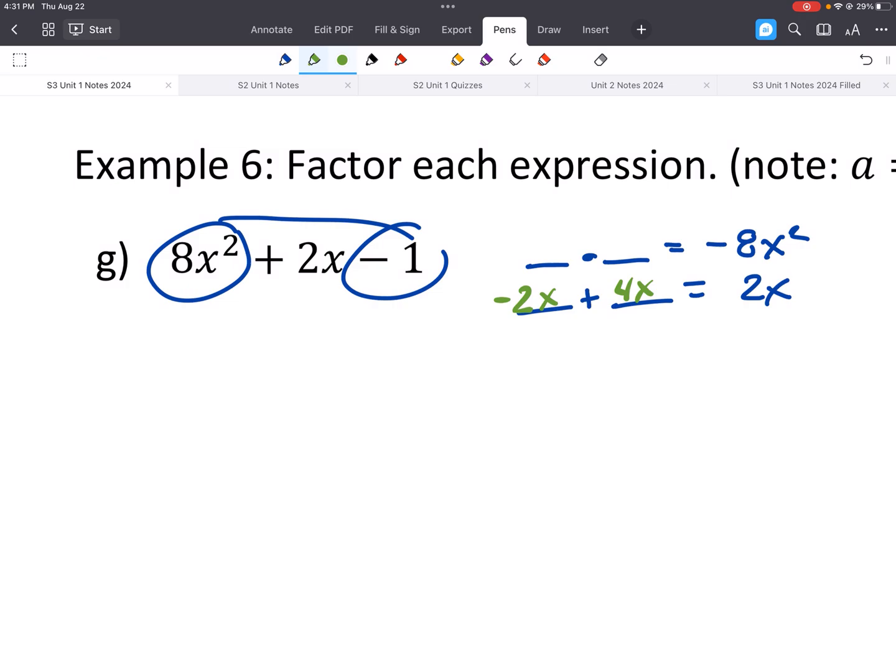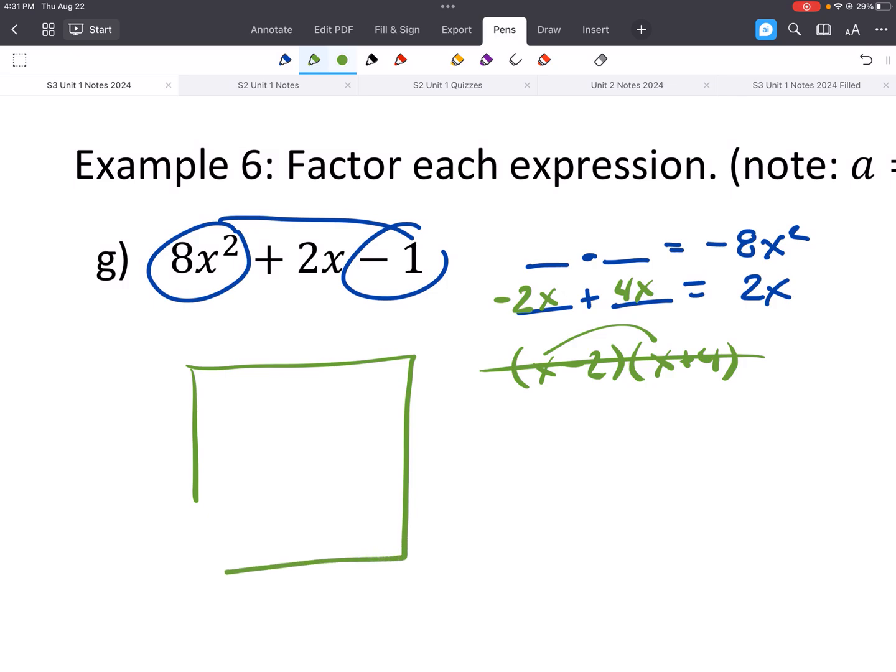That would work, okay? So now our answer is not x minus 2 and x plus 4. That is incorrect, okay? If you were to distribute that back, x times x would give us x squared, not 8x squared. So we have to use the box.